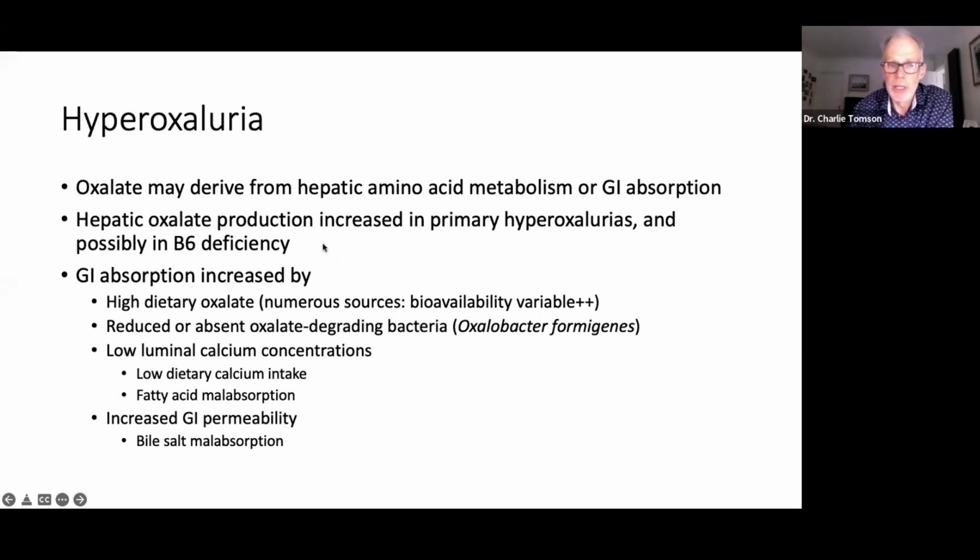B6 deficiency has never been shown to be an important contributor to calcium oxalate kidney stones in the West, at least. But there are lots and lots of vegetable sources of dietary oxalate. And as I've said earlier, low luminal calcium concentrations increase absorption of oxalate from the diet, as does fatty acid malabsorption and bile salt malabsorption, topics to which I'll return.